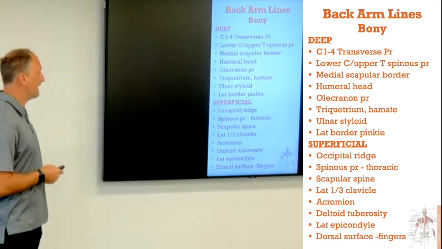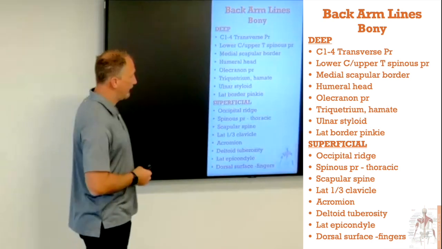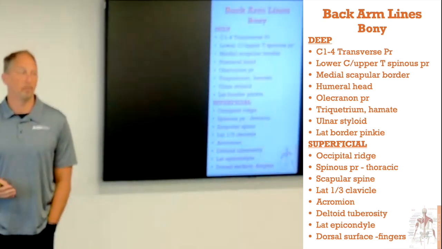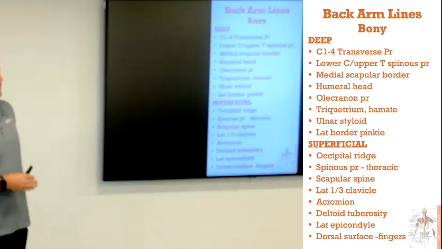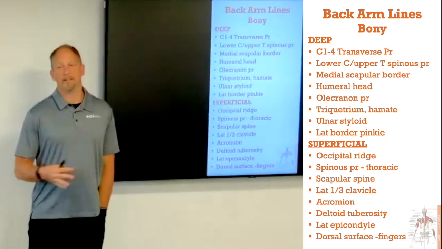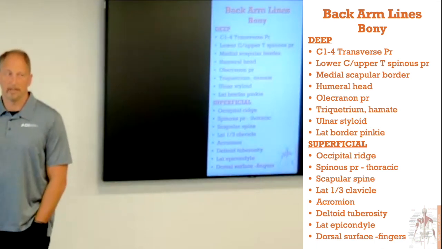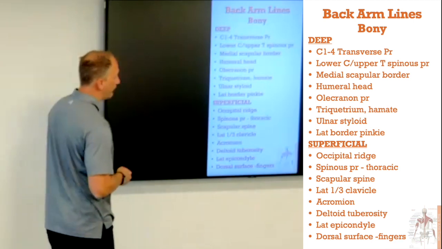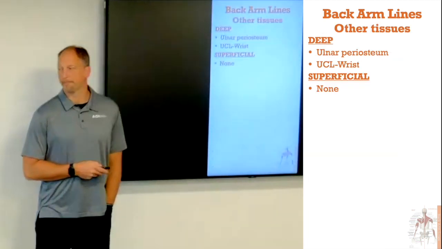So again, we have to take that into consideration anytime we have somebody with neck pain. Is there a direct tie-in to the back arm lines? What's going on within the back arm lines from a range of motion standpoint, from a special testing standpoint? Do they have anything going on in their arm lines that could be influencing and affecting what's going on in the neck? So we just need to expand our thinking just a little bit on that one.